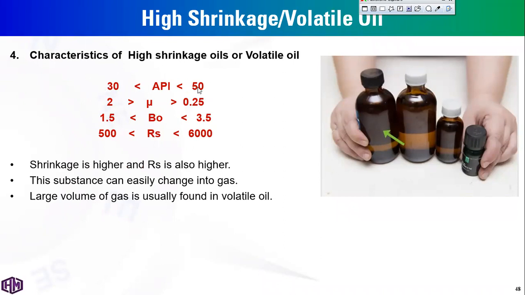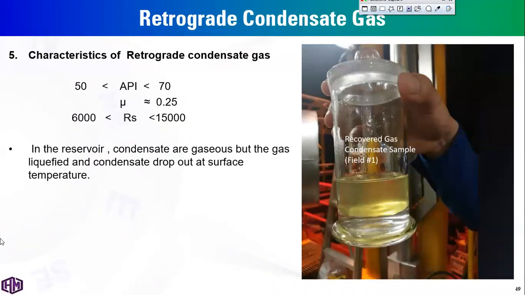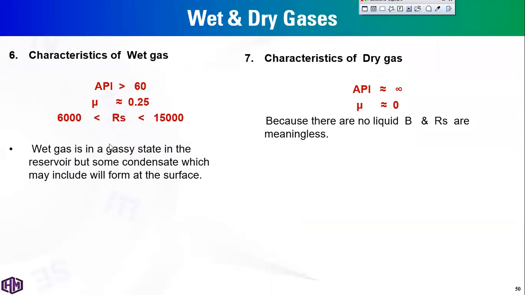Additionally, the oil gravity or API will be slightly higher than the black oil. For retrograde gas condensate or condensate liquid, these are the major characteristics. API may reach up to 70 degrees. And these are the characteristics for wet gas and dry gas.